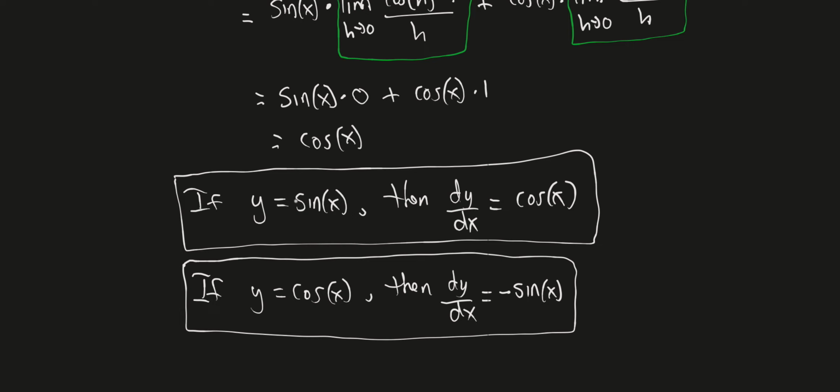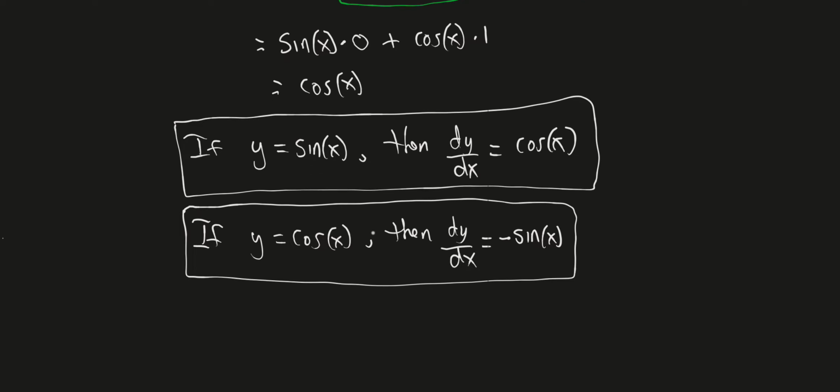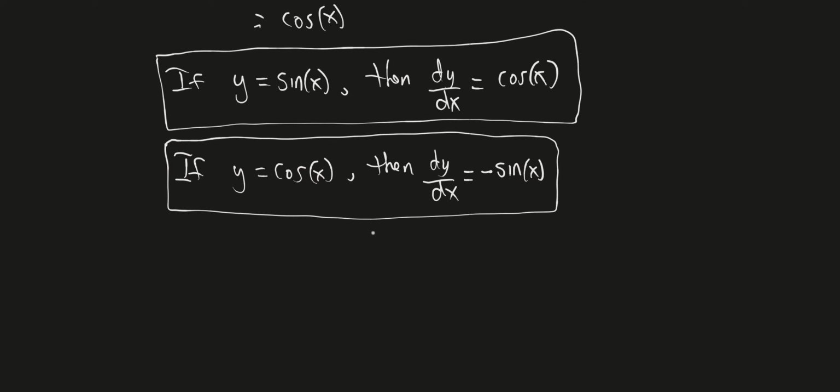All right, so we have 2 out of the 6, right? So we now know that the derivative of the sine of x is the cosine of x, and the derivative of the cosine of x is the negative sine of x. Now let's turn to the tangent function.